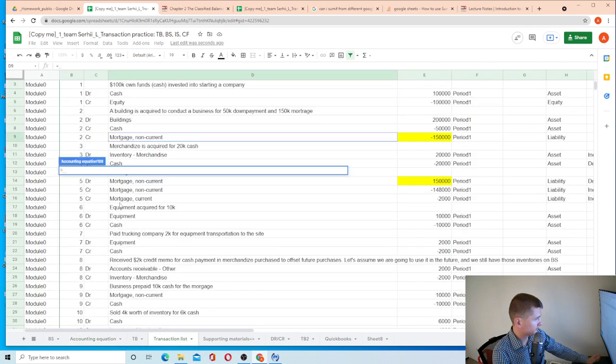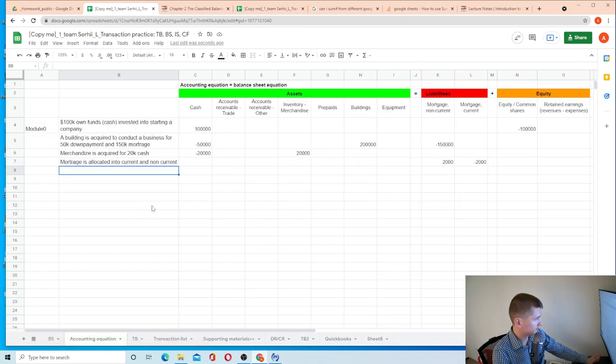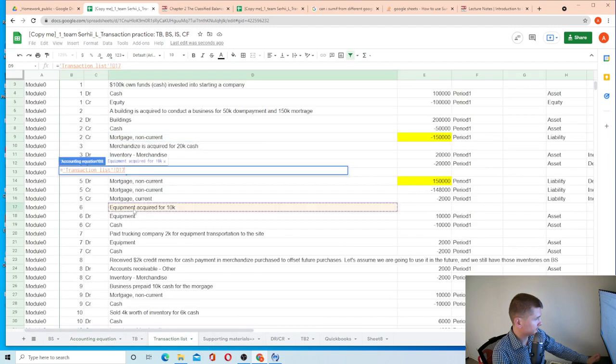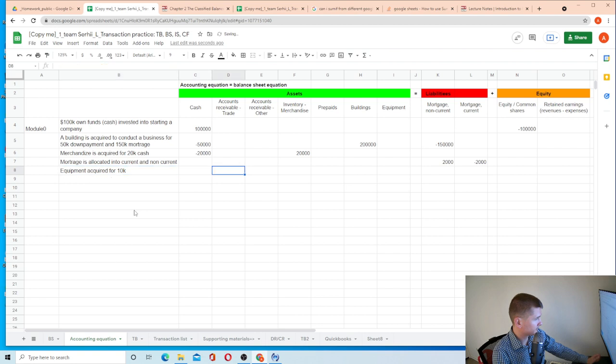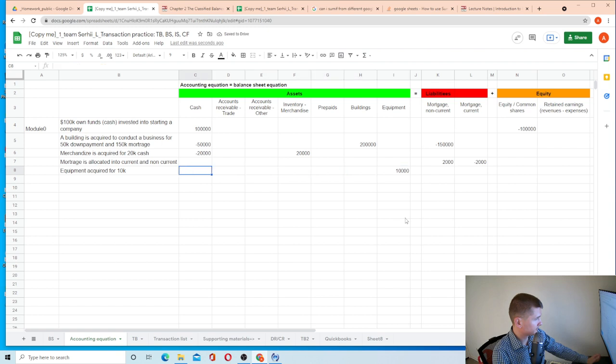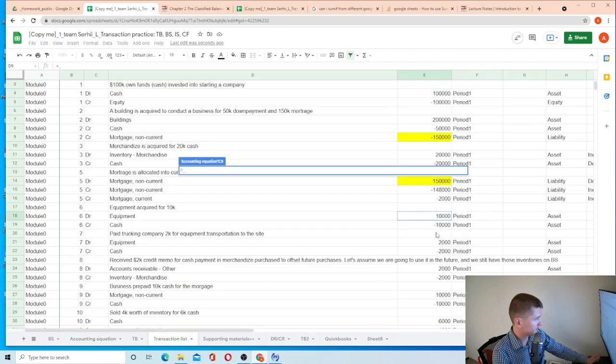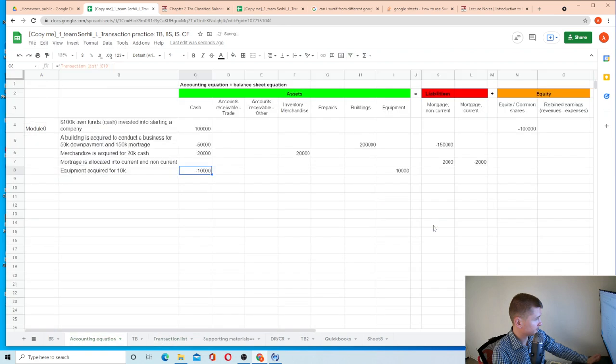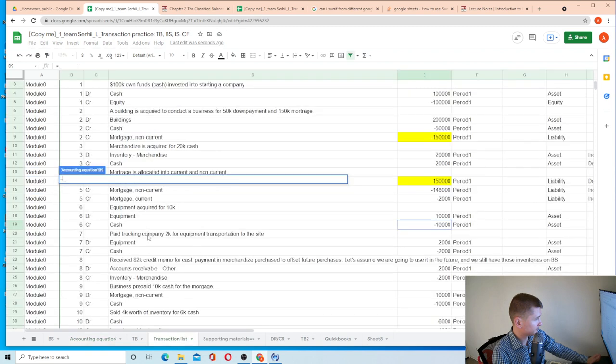And let's go to equipment acquired. So let's see, equipment acquired, and we add equipment to the transaction list, equipment 10,000, and we paid for it with cash. Transaction list, cash. Next one, trucking company.